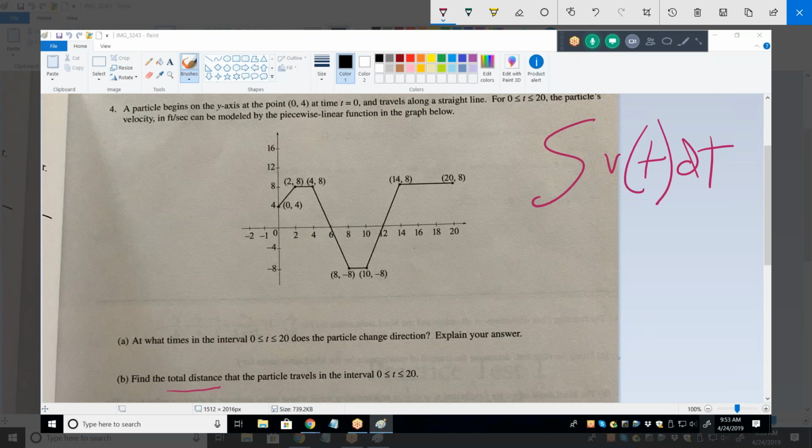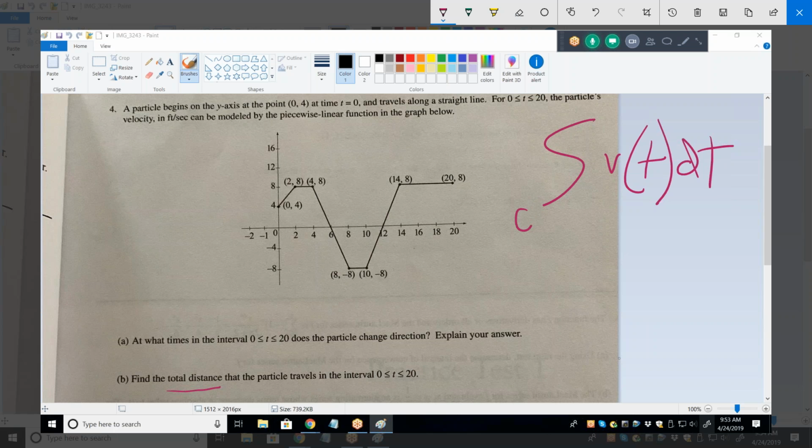Exactly. And all areas are going to be positive in this case because it asks for the total distance traveled, as opposed to the net distance. And those are very different. In other words, the net distance would be the net area, and then this area would be negative. But for the total distance, we're going to basically take the absolute value of the function from 0 to 20.